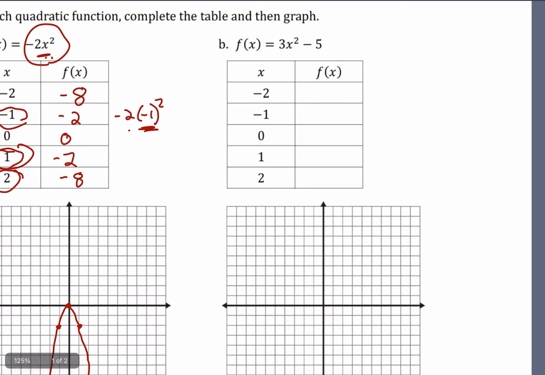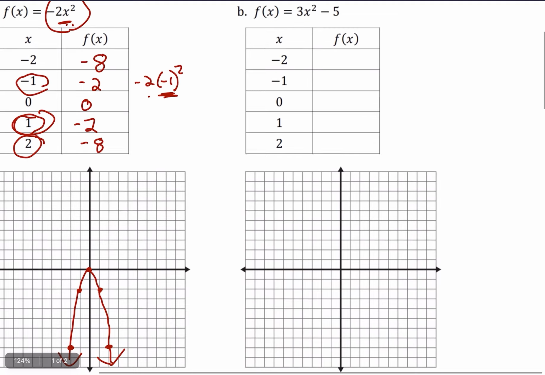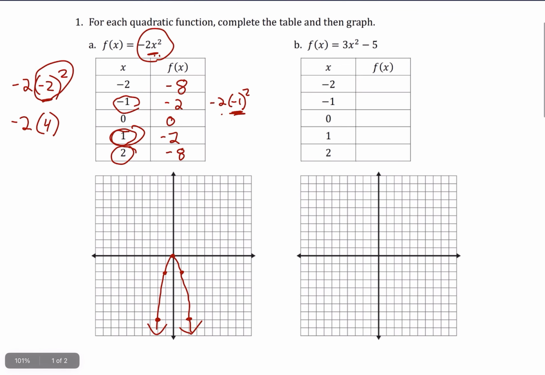Let's look at B, and I'm going to zoom in a little bit there so you can see that really clearly. Okay, so we're going to put -2 in again. I'm going to do the first two for you, and then we'll use the same logic that we did before. So we're going to put 3 times -2 to the second minus 5.